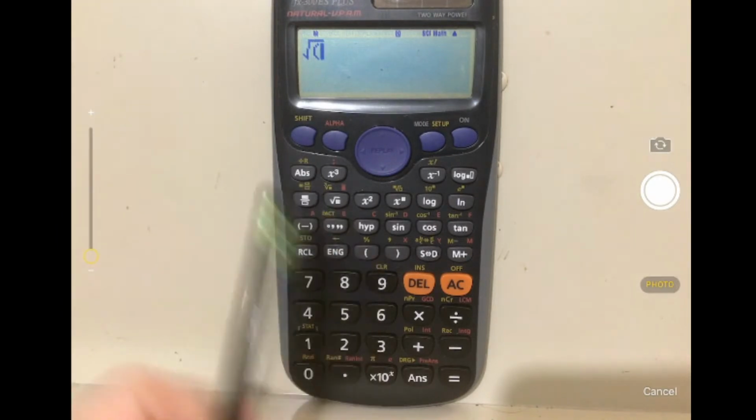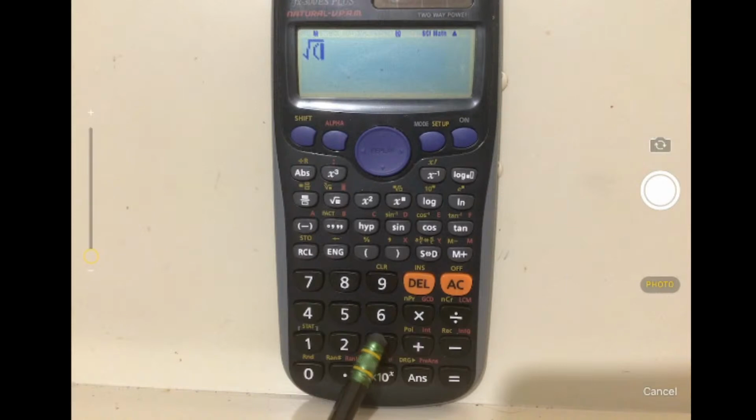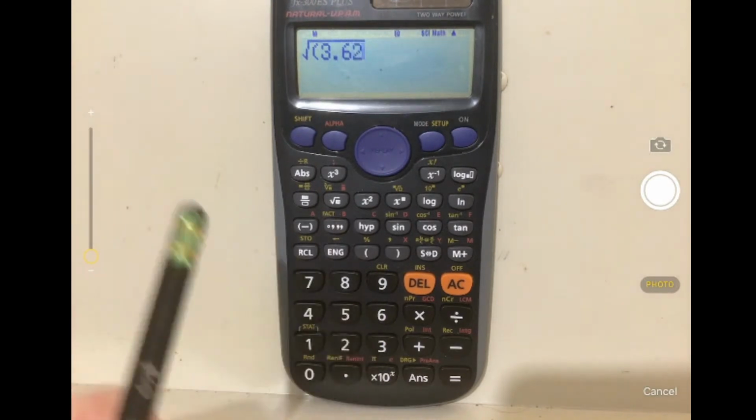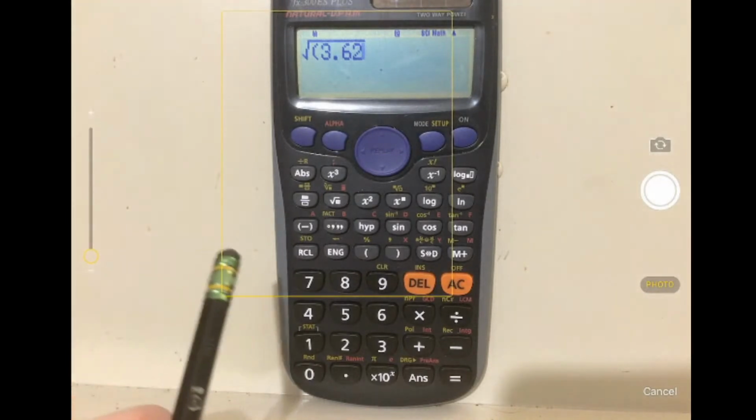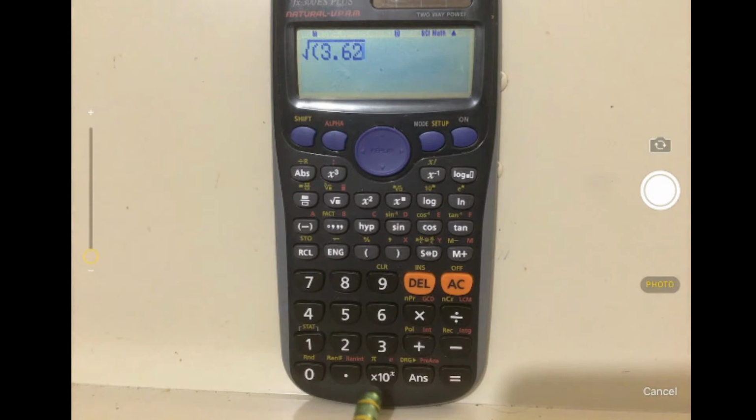So here's how you can do that. You go 3.62. Are you ready for this? This is the big thing. How do you do the times 10 to the 3? The easiest way is right there, that button at the bottom center, times 10 to a power. That's the star of the show in many ways.